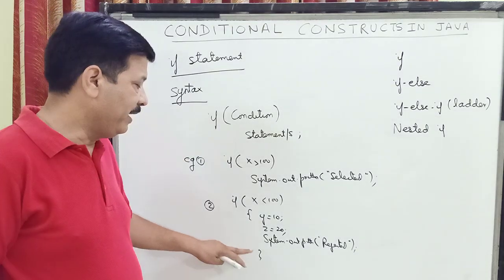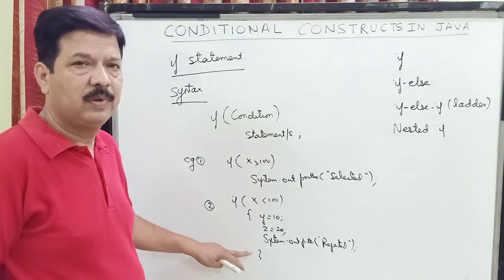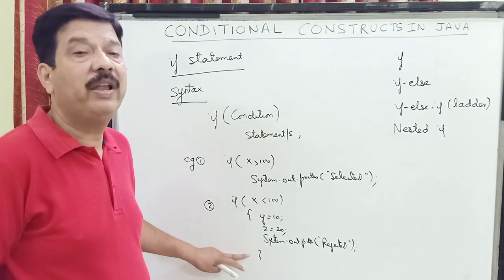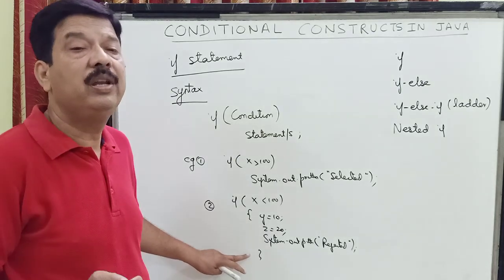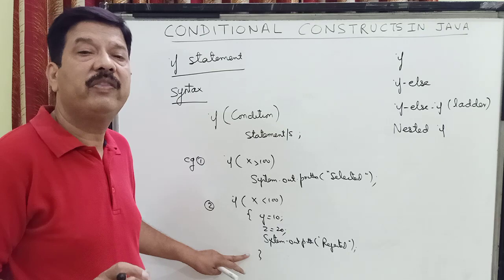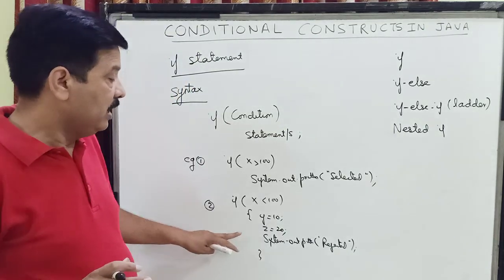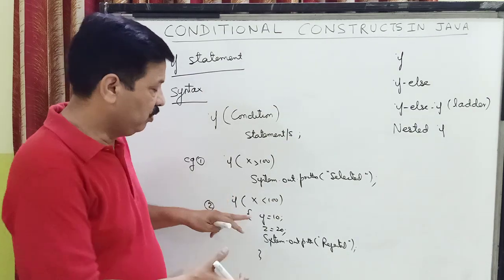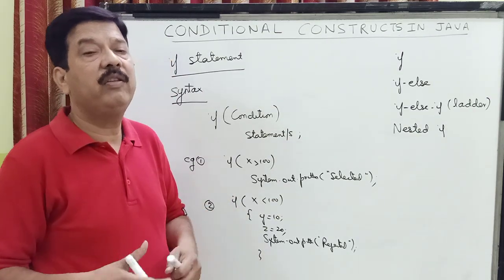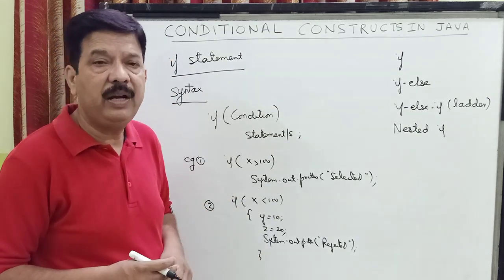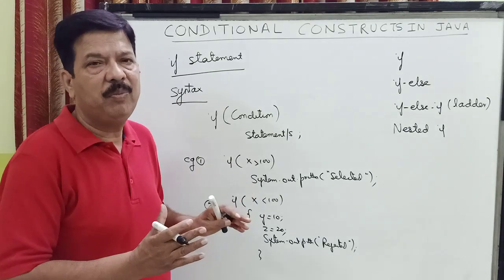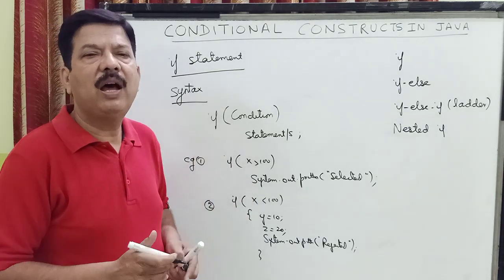Now children, when I write statements in a block, as I have written over here, it is called a compound statement. A question in the board exam has come, what is a compound statement? I am telling you that if I write a group of statements enclosed within a pair of braces, then it is called a compound statement, and it is treated as one statement, and it is also called a block.